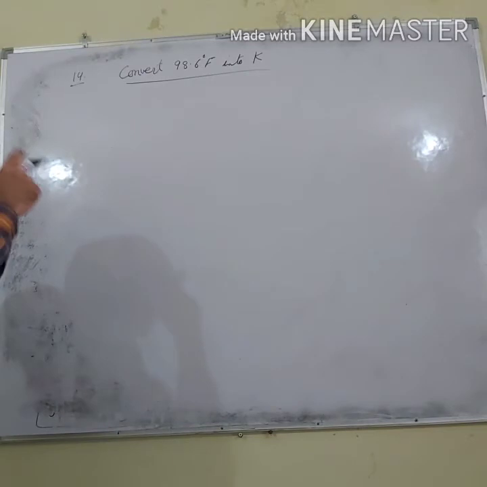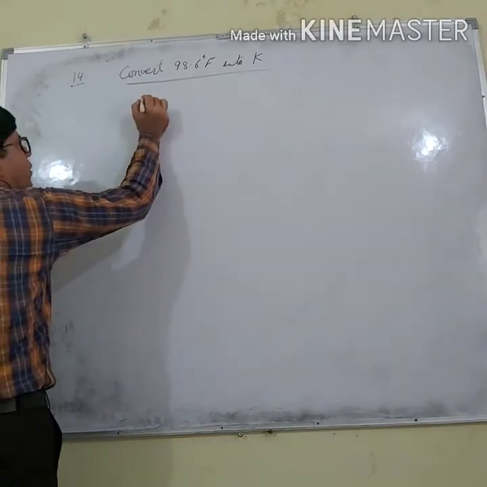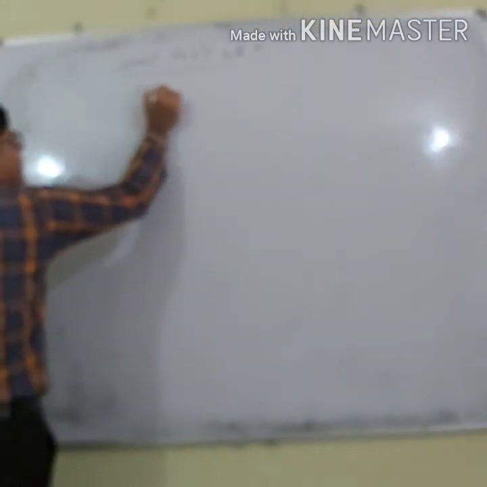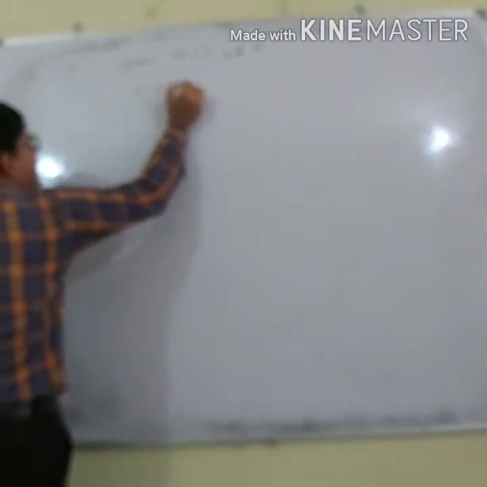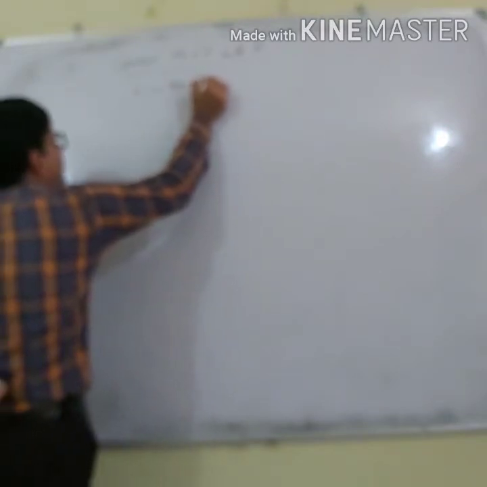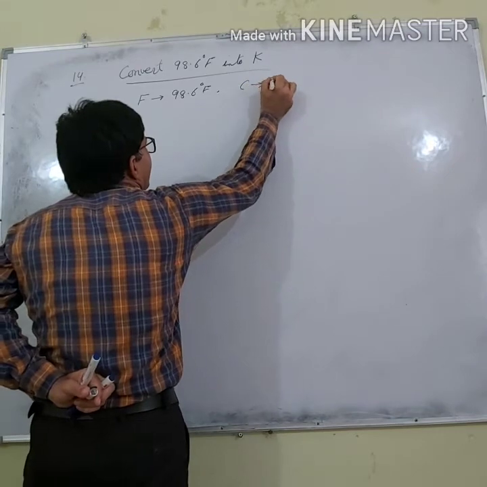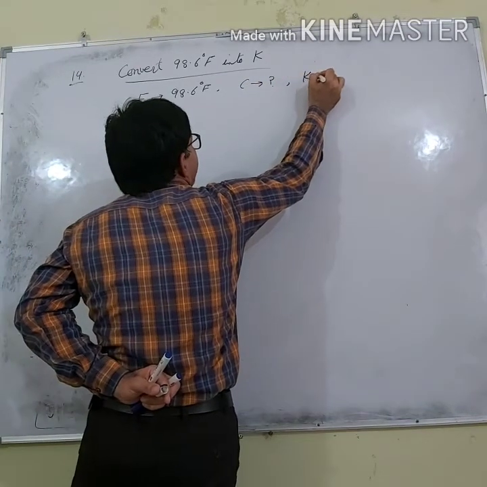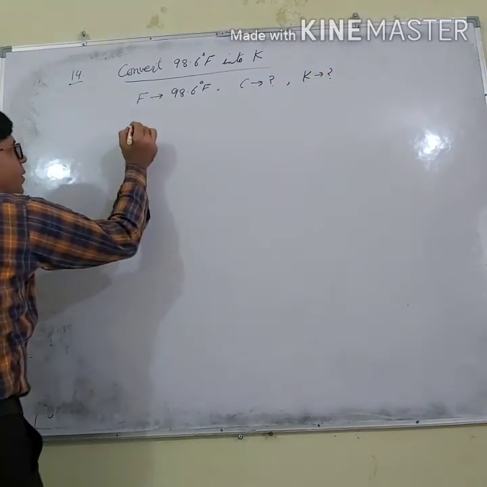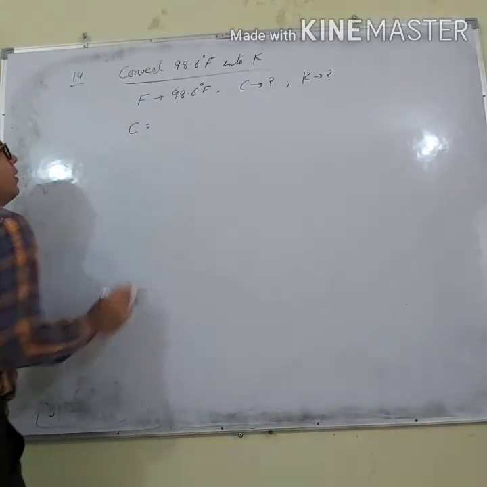First we will convert Fahrenheit into Celsius. So let us say Fahrenheit is 98.6 degrees Fahrenheit. First I will find Celsius and then I will find the Kelvin. So what is the formula? Do you remember?